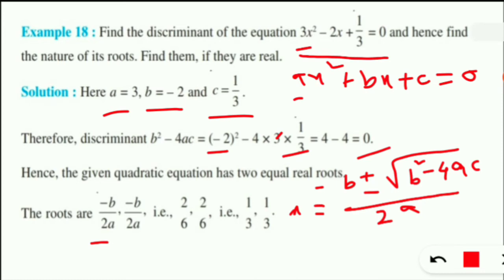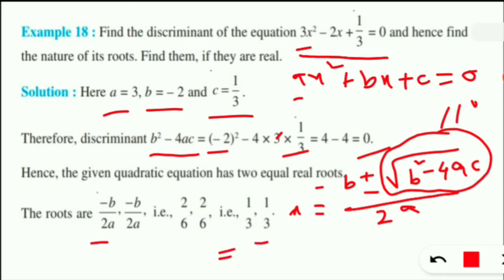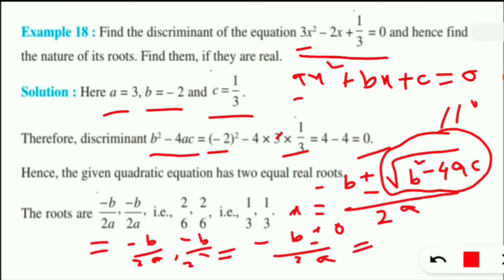So here b square minus 4ac equals 0, that means this portion equals 0. That means minus b plus minus 0 divided by twice a, which equals minus b by twice a, and another also minus b by twice a. Clear?